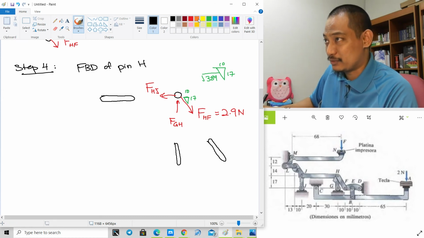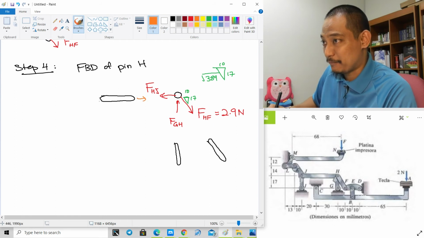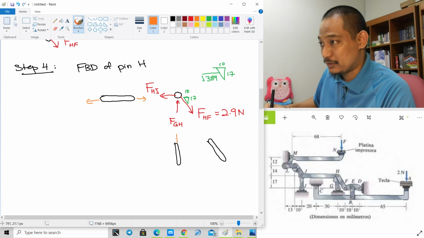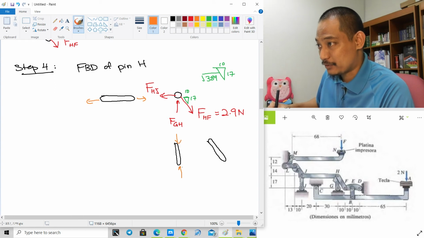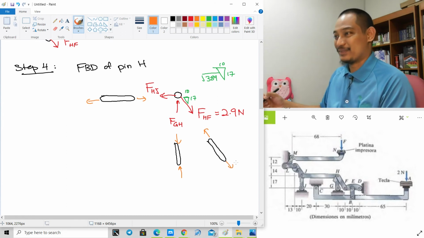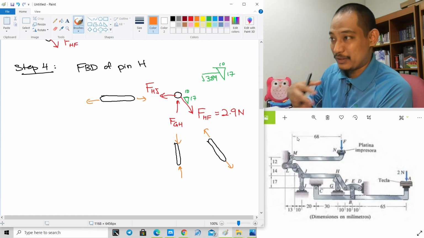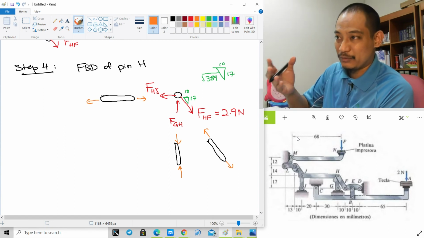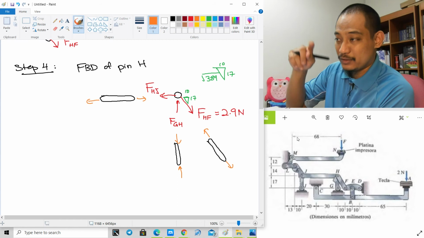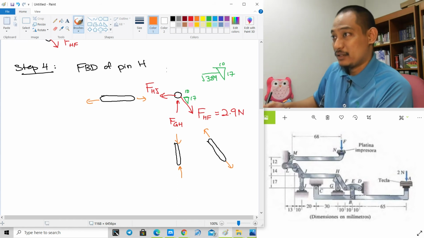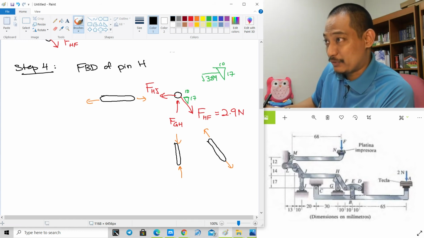Each of these, I'll draw in a different color, has its corresponding force. My drawing is becoming worse and worse. We do not need to show that one, but this is just to illustrate the meaning of the free body diagram of the pin, and we are focusing on the free body diagram of the pin here.